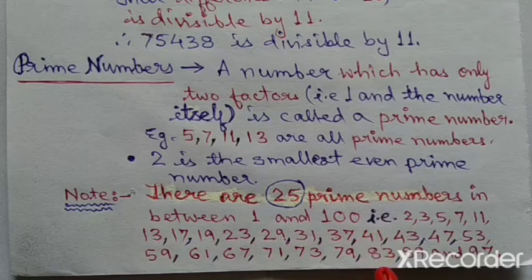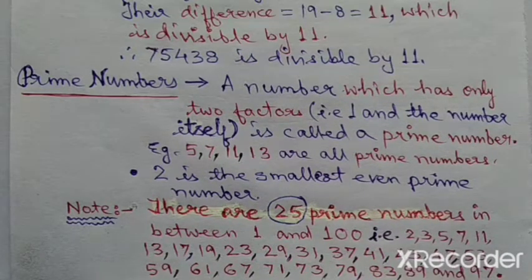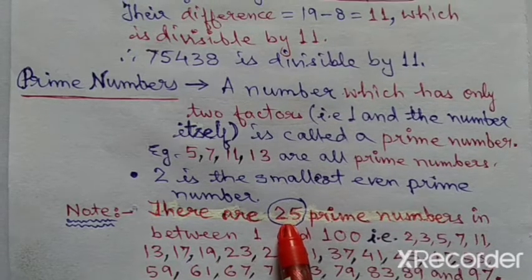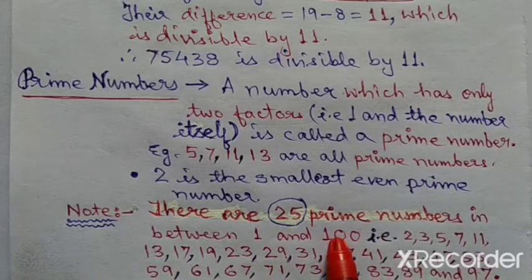That is: 2, 3, 5, 7, 11, 13, 17, 19, 23, 29, 31, 37, 41, 43, 47, 53, 59, 61, 67, 71, 73, 79, 83, 89 and 97. So children, how many prime numbers are there? Total 25 prime numbers between 1 and 100.